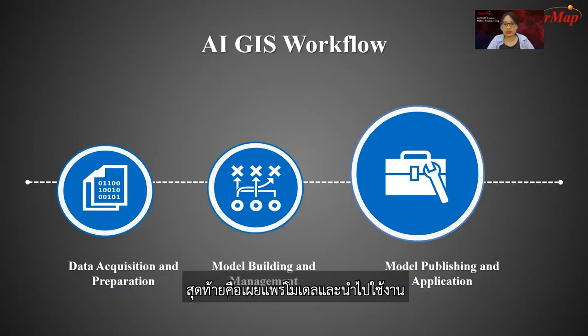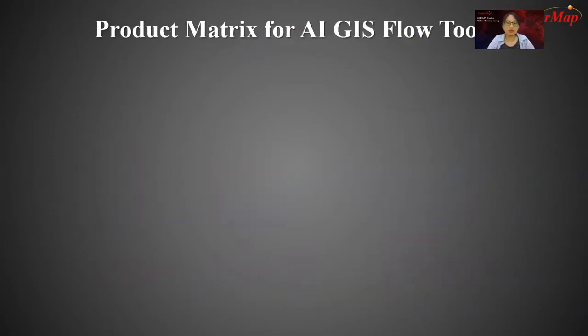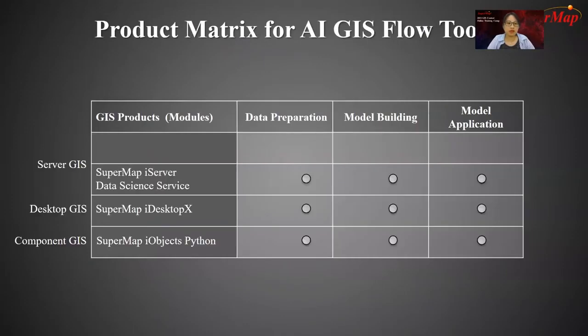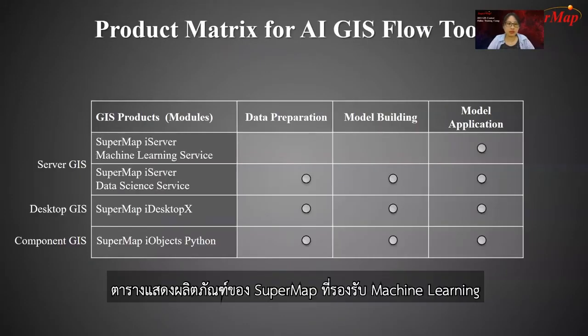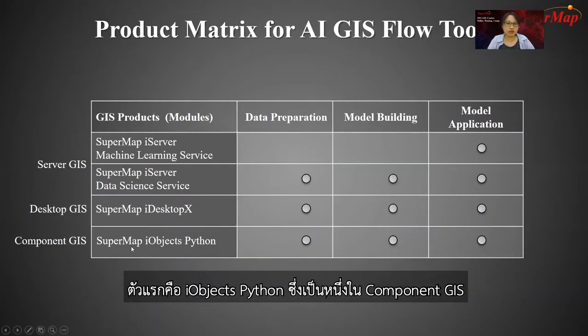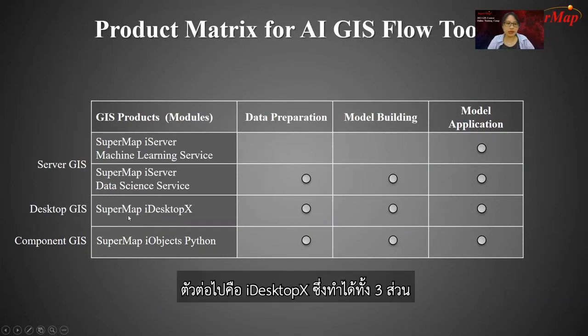The third step is model publishing and application with the trained model. Here, 3 products in Supermap support machine learning. Firstly is Supermap iObjects Python, which is a component GIS, and the second one is a desktop product, Supermap iDesktop X. It has the 4 functions of AI GIS.